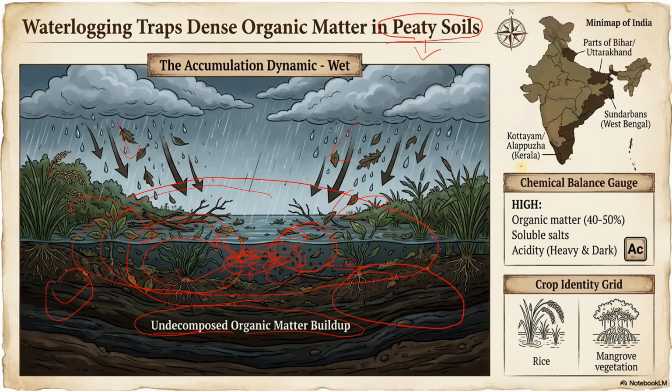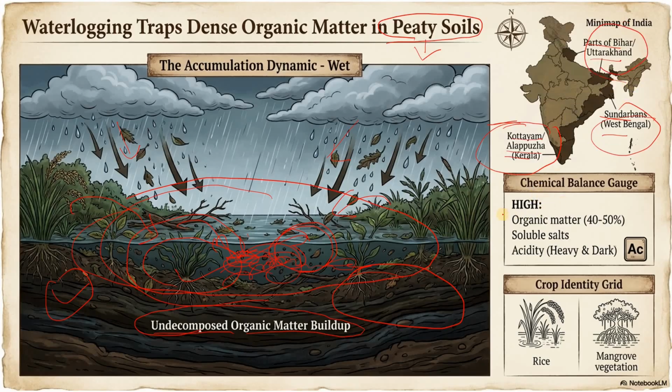Okay, and where are these found? In Kerala, in the Sundarbans mostly, and also parts of Bihar and Uttarakhand. The Alappuzha and Kottayam of Kerala, and also the Sundarbans of West Bengal. These soils are found there. You can get a question from these parts.